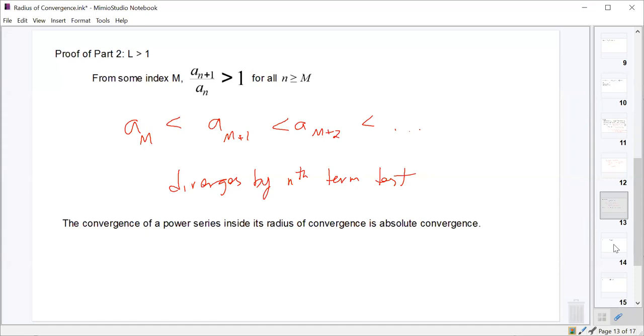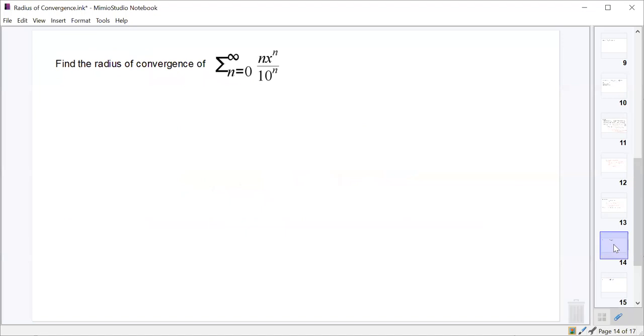So what we're going to do is we're going to see if we can find the radius of convergence of this series here. So nx to the n over 10 to the n. So how will we go about beginning this?